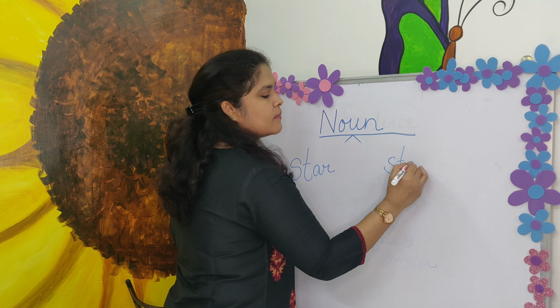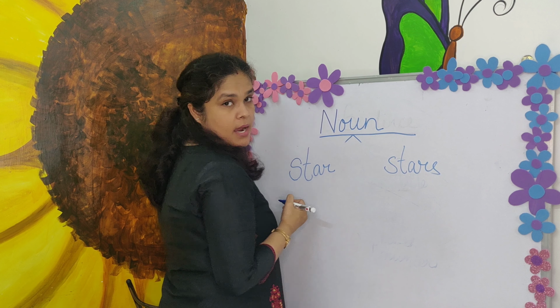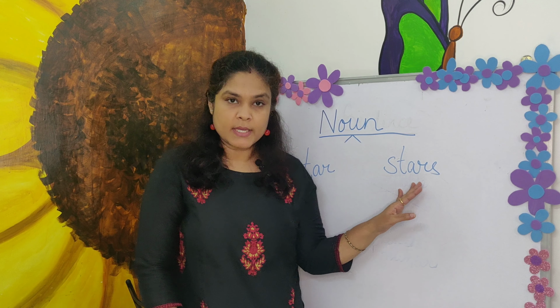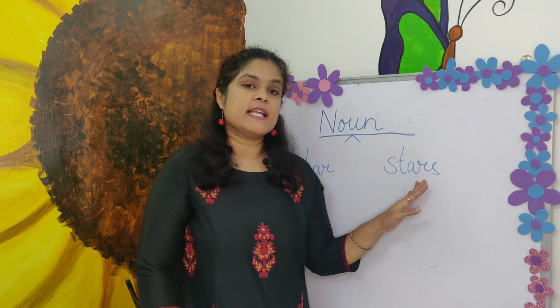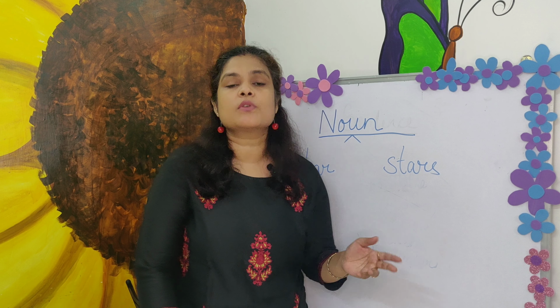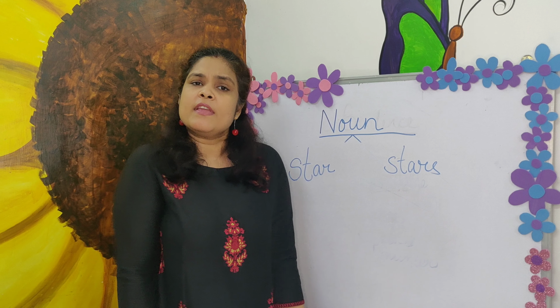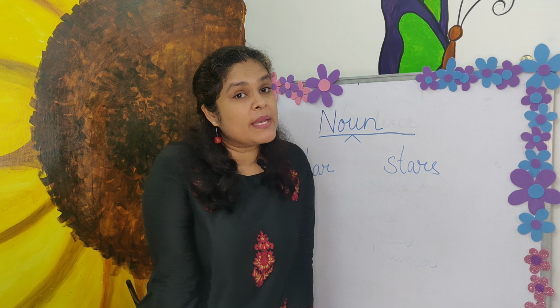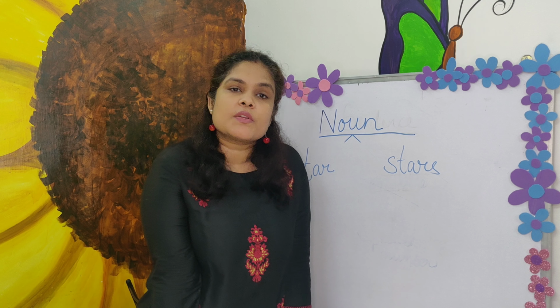It is stars. Okay, so now this is the singular form, this is the plural form. Correct? So now you will tell me, ma'am, stars can be counted. Now listen to this. Have we ever said there are 9 crore 55 lakhs 10,000 stars, we have so many stars in the sky? We usually say there are millions and millions of stars in the sky. That's how we talk about it, right?